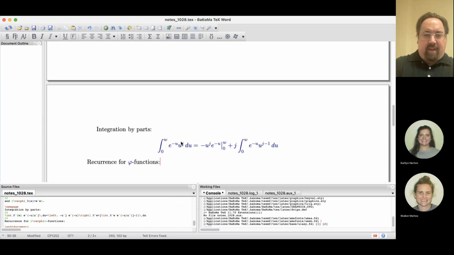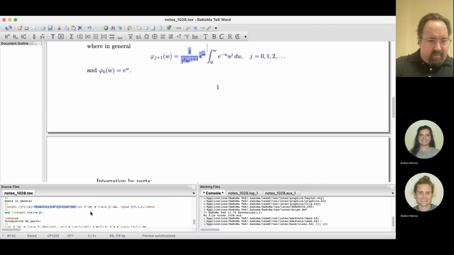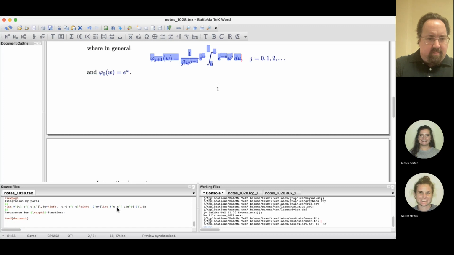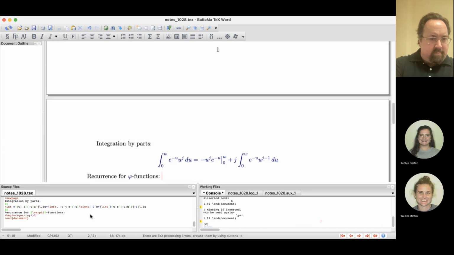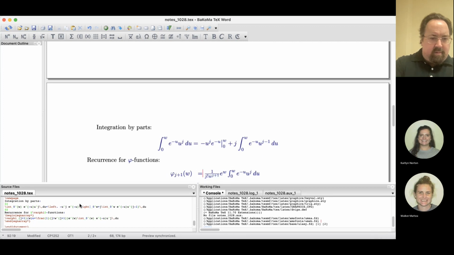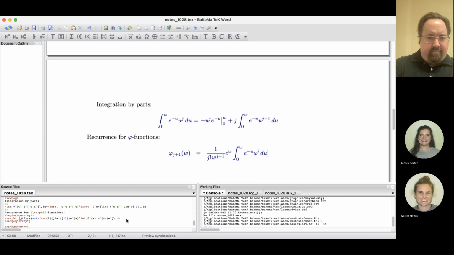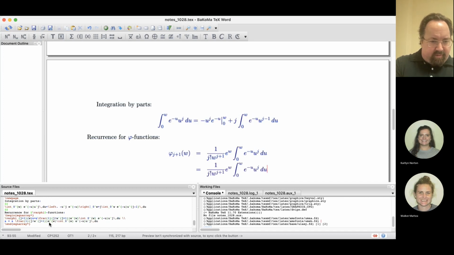But the phi function is this integral times some things. So now if I include the rest of that, I'll take this and then just take the integral part.